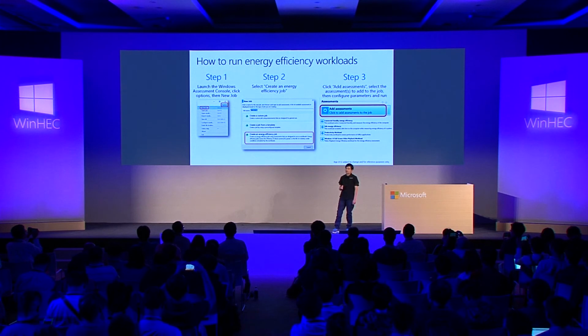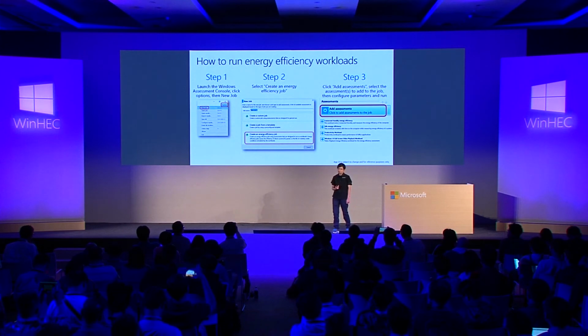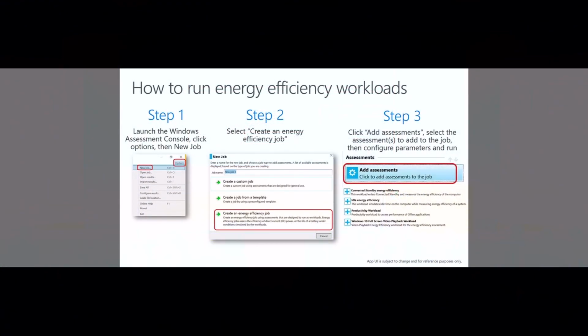The first step is to launch the Windows Assessment Console and select Options, then New Job. The second step is to select Create an Energy Efficiency Job, and lastly, step 3 is to click Add Assessment and select a workload. We encourage you to download and give the new assessment and energy efficiency workloads in the Fall Creators Update a test drive today.